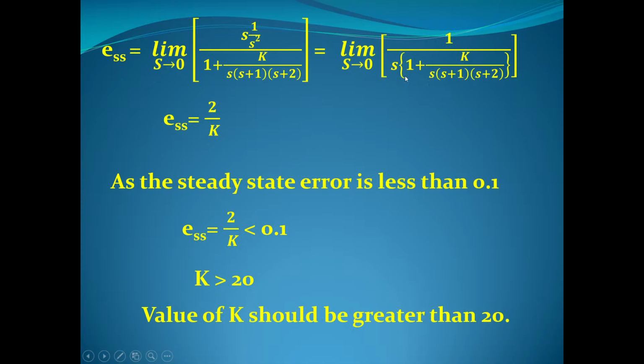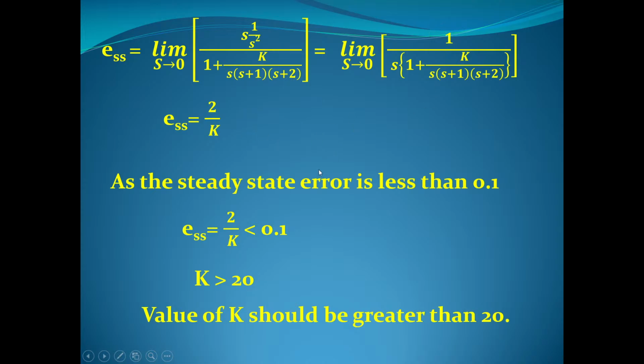The limit s tends to 0, it will become 0, and s cancels when you multiply. K divided by (s plus 1) into (s plus 2) will be left over. When you substitute s as 0, this also becomes 0, so K divided by 1 into 2, K divided by 2 you will get.